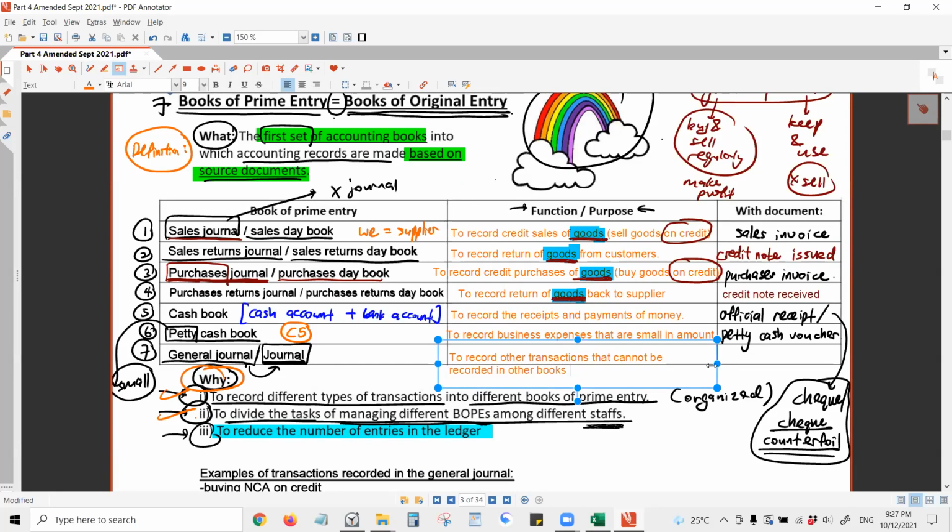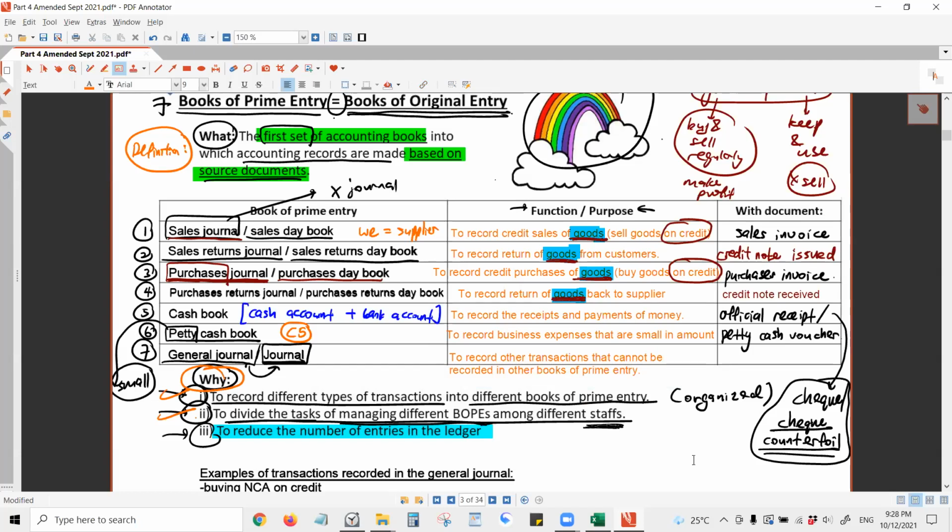Remember, these are 7 books of prime entry, okay? In other books of prime entry. Later, I let you know how to remember what exactly general journal is doing. Okay, I give you an analogy to let you remember very easily what is the function of general journal.